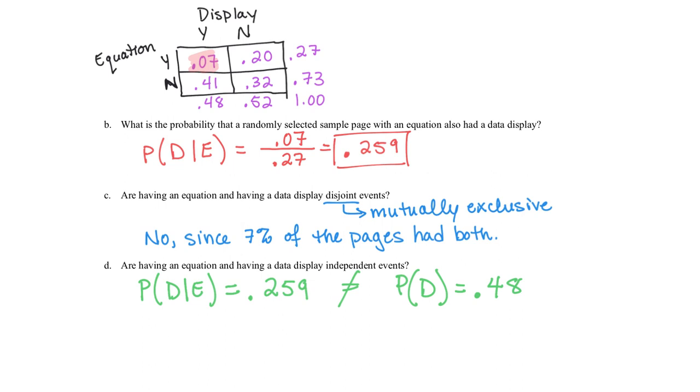If these two were equal, then it would be independent. You do not have to check any other one, because once it's false for one, it's false for both. You could say not independent, or you could say dependent, but I do prefer not independent, which seems like a double negative, but it's not.